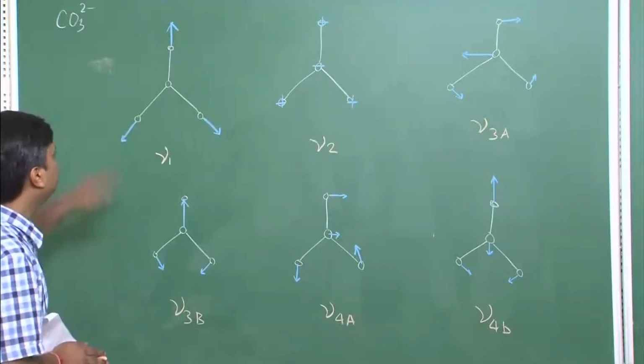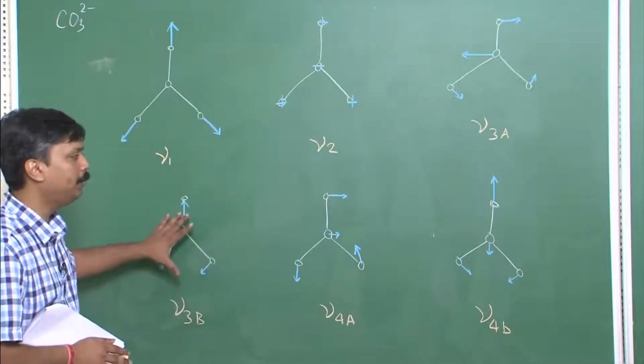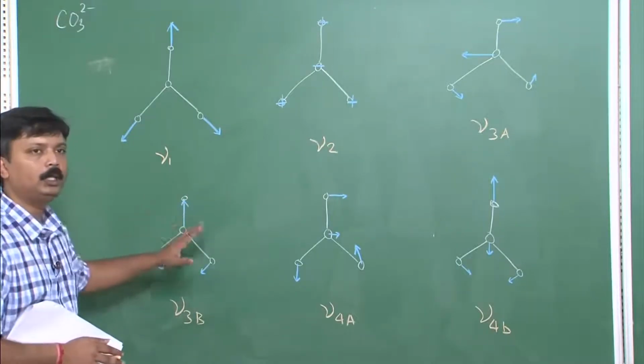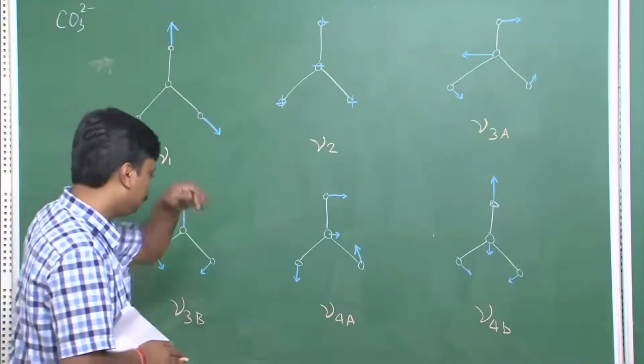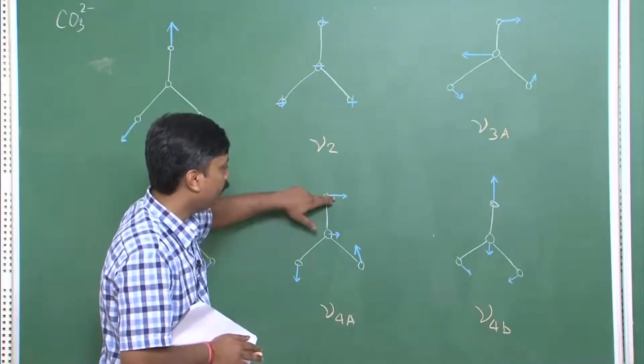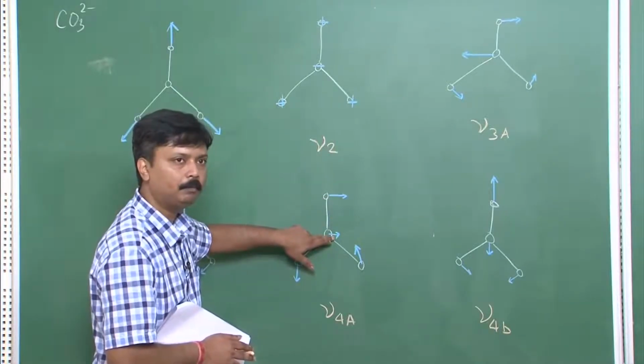Now you can see that in many of these normal mode pictures, the arrows are having different lengths. So what does that mean? Suppose here you have a longer arrow compared to the arrow which is sitting on this central carbon.